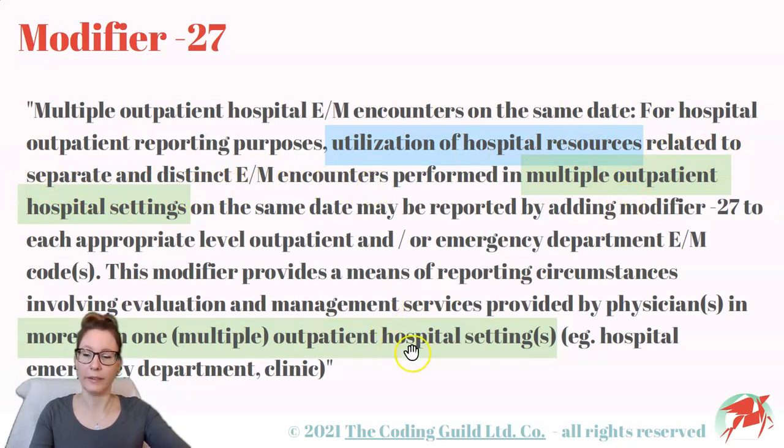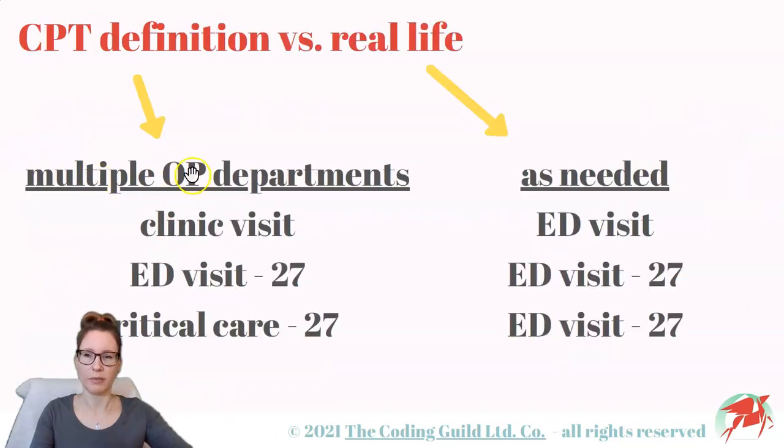You can also notice that the descriptor specifies that this modifier should be used for EM services at different outpatient departments. And while this might have been the original idea behind this modifier, this is not entirely true for real-life coding. According to the definition, modifier 27 would be used when the patient is seen at different departments of the same facility, such as a clinic visit in the morning, emergency department visit in the afternoon, and critical care at night.